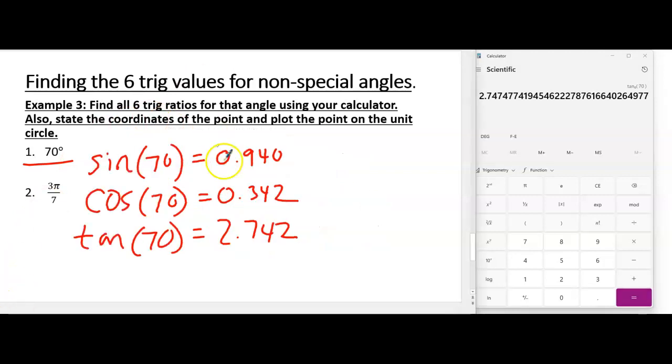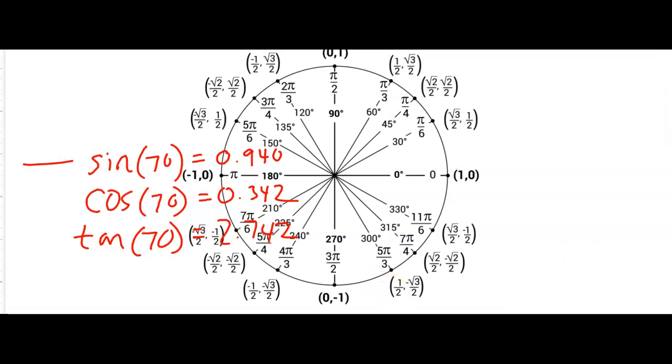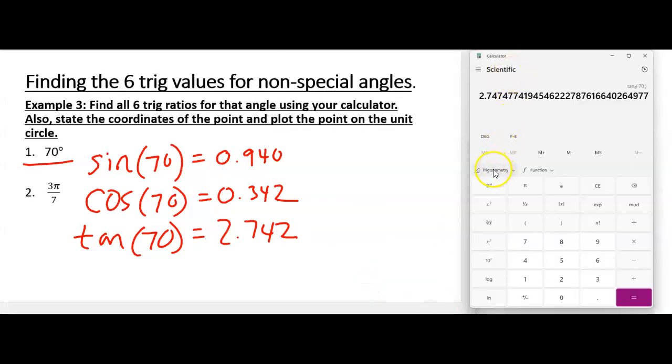So even though I'm lucky and could just push 70 and find the cosecant button, I'm assuming most of you don't have a secant, cosecant, or cotangent button on your calculator. So how do we do it if it's not on our unit circle and we need a calculator, but those buttons aren't there? What do we do? Well, thankfully your calculator does have these three.